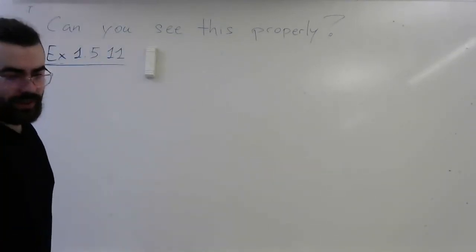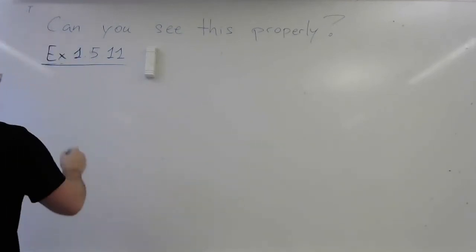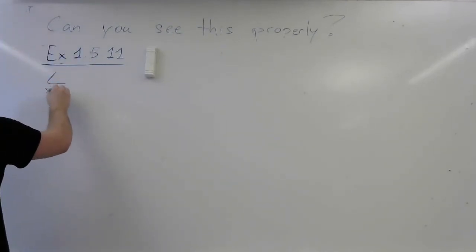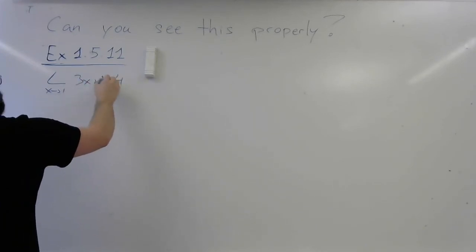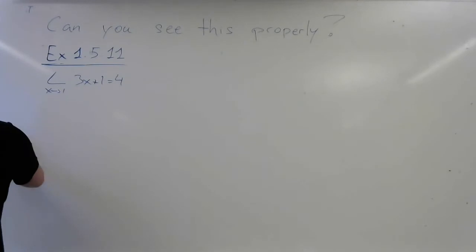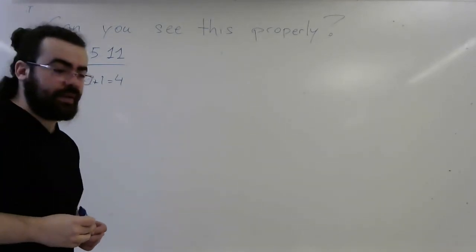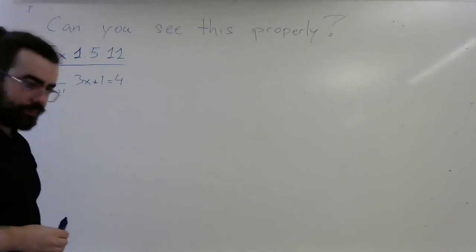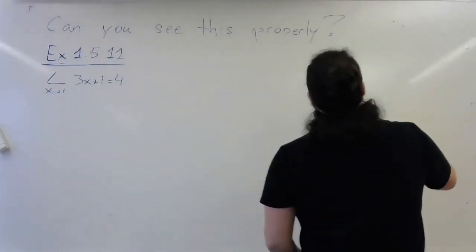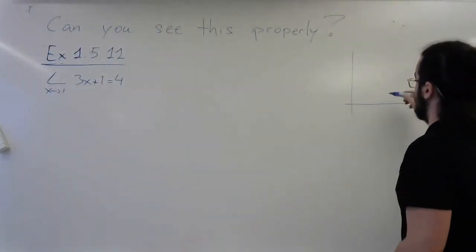And so we want to translate to mathematics the following notion. Well, this is immediate. As we know, we evaluate the function in 1, 3 times 1, 3 plus 1, 4. But we want to use the formal definition of limit, which is notation epsilon delta.